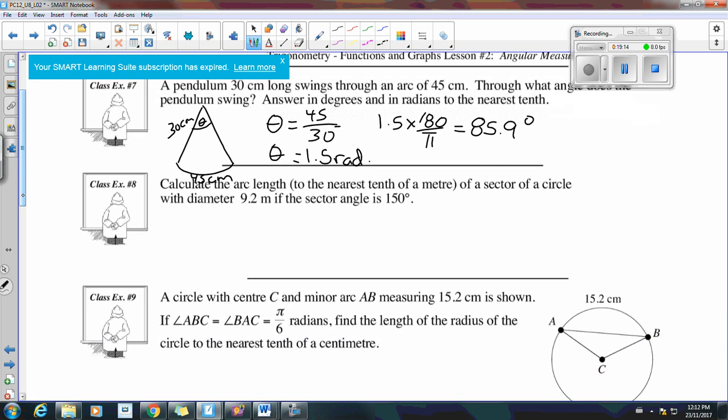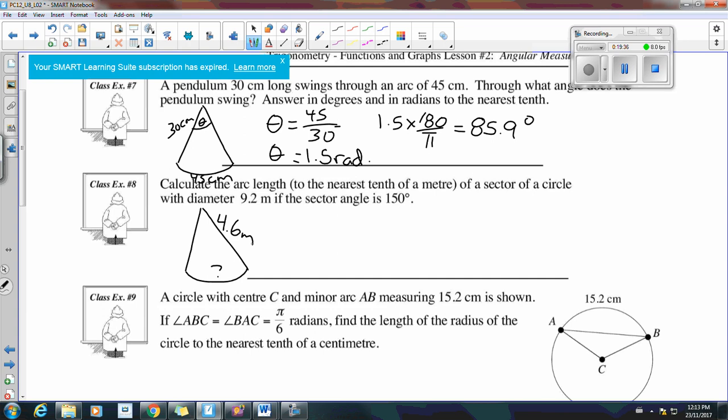Example 8. Calculate the arc length to the nearest tenth of a meter of a sector of a circle with a diameter 9.2 if the sector angle is 150. So now I'm asked to calculate the arc length. I have a diameter of 9.2, which means I have a radius of 4.6.